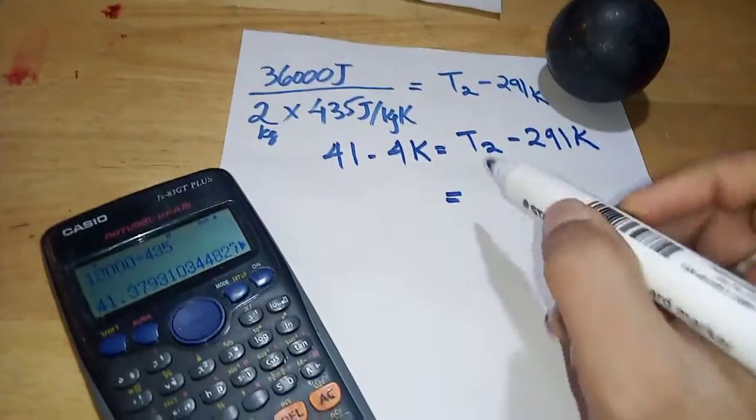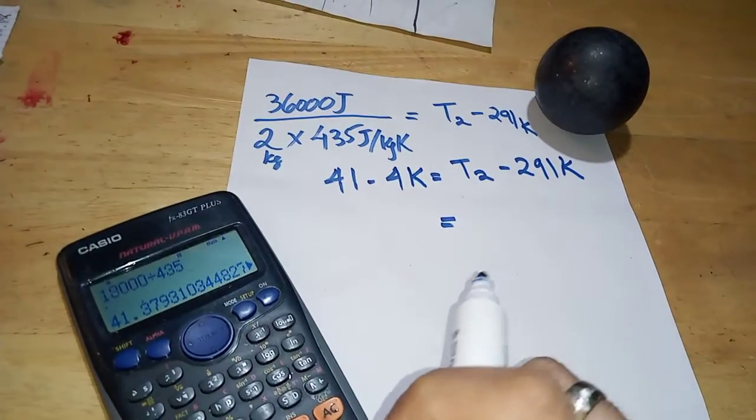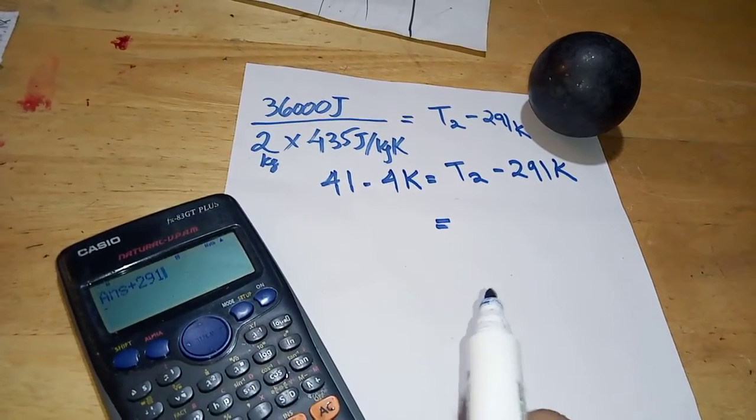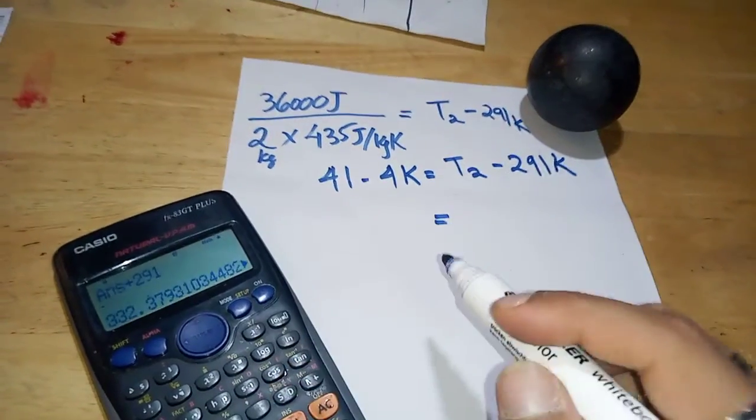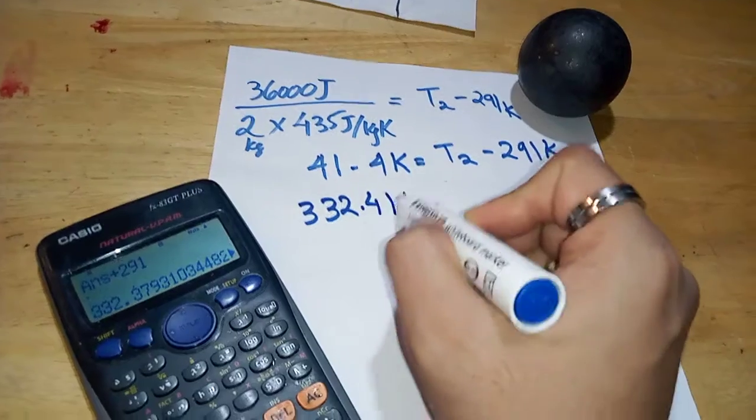So there's a difference of 41.4, and if I move 291 to the other side, it'll be 332.4 Kelvins.